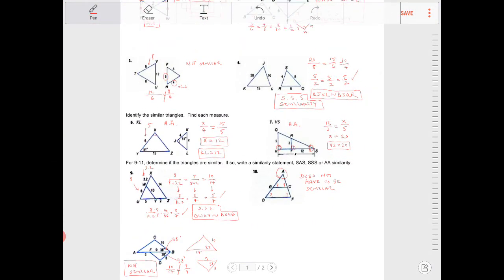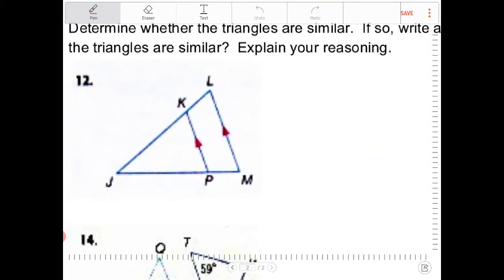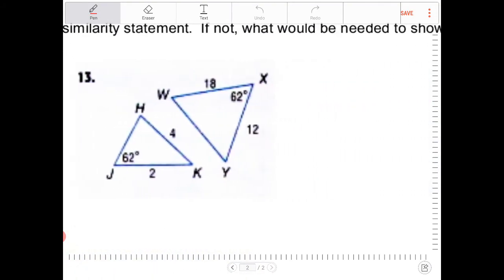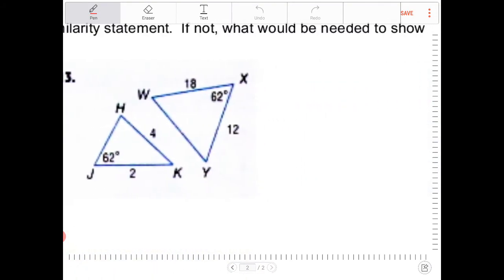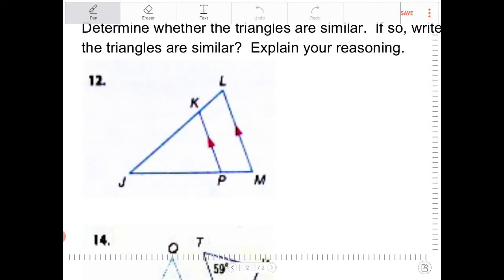Okay, and then moving on. Determine whether the triangles are similar, and if so, write a similarity statement. If not, what would be needed to show that the triangles are similar? So these angles are going to be congruent because of corresponding angles of parallel lines cut by a transversal.